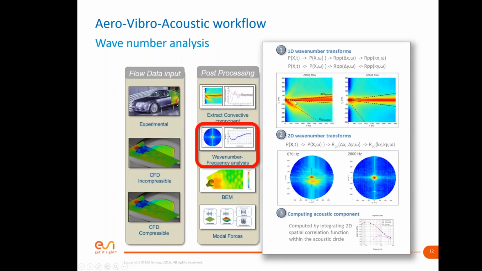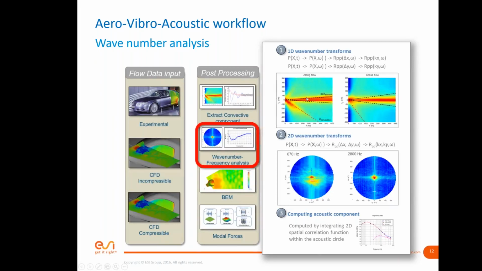Along the flow, you can see that there is part of the energy which is not symmetric. It's typical, and it's at pretty low frequency. It's typically energy that comes from the convection phenomenon of the aerodynamic load.